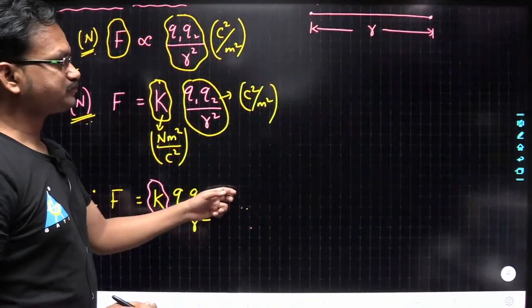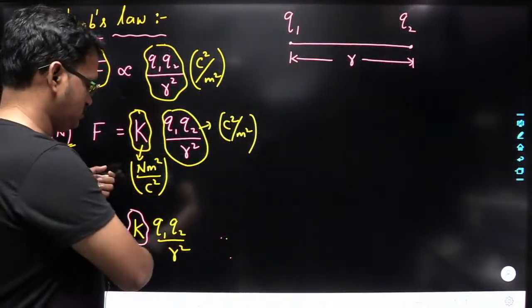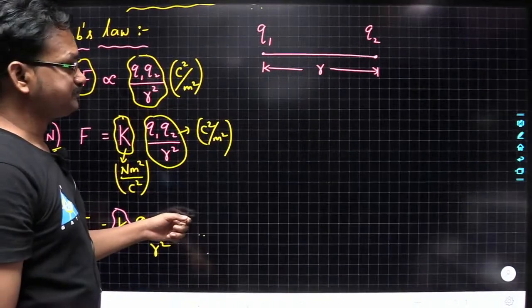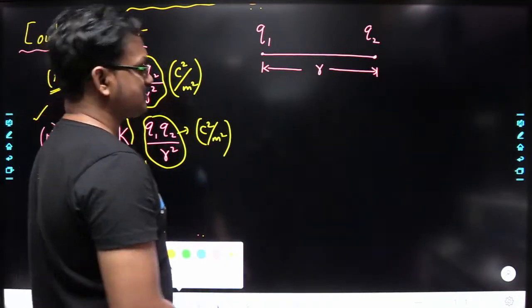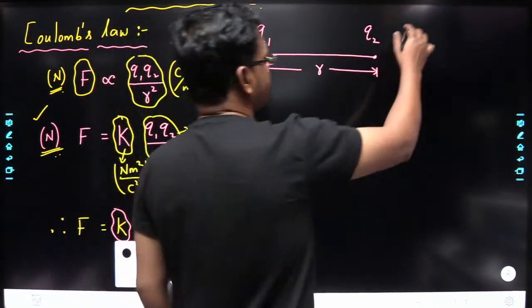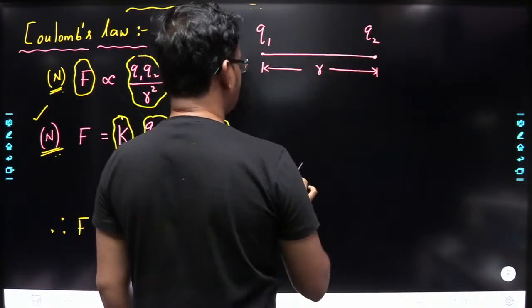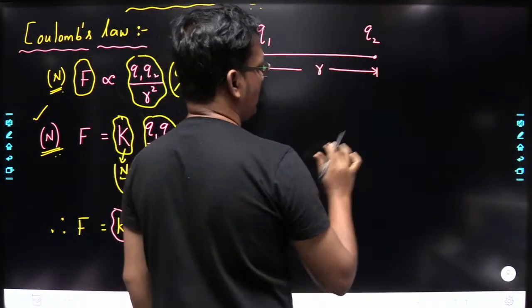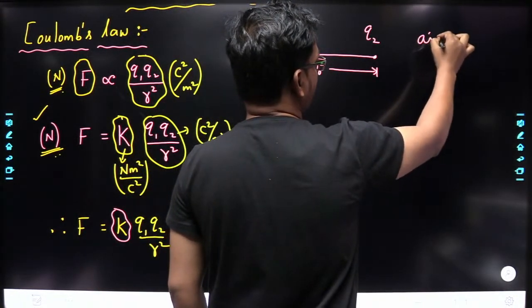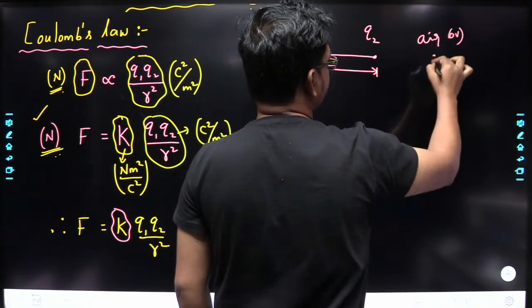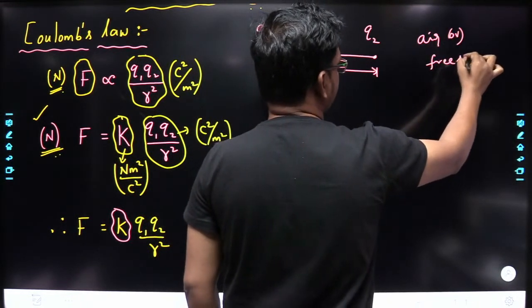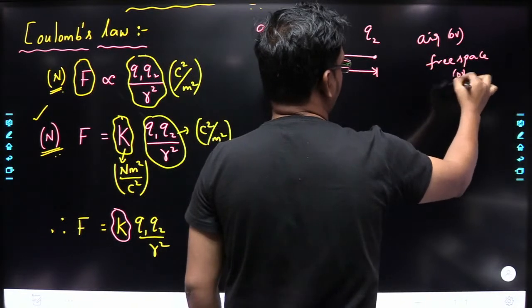Now see here. Let us assume this medium has Q1 and Q2, separated by some distance R. Let us assume this medium is air medium or free space or vacuum.